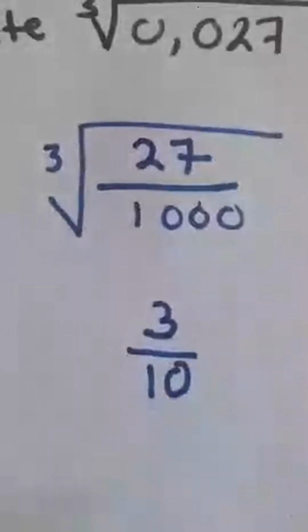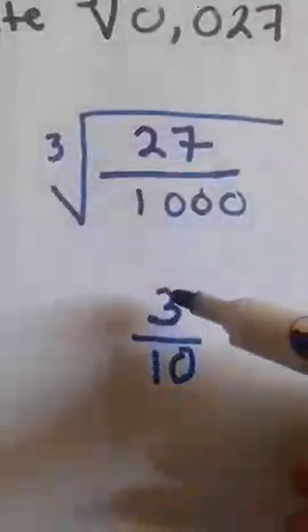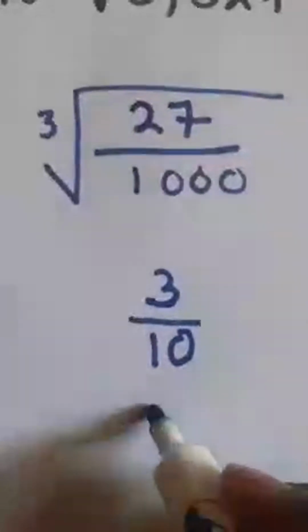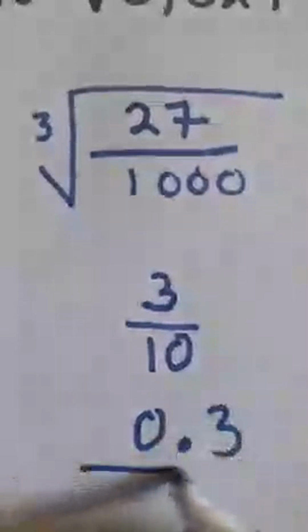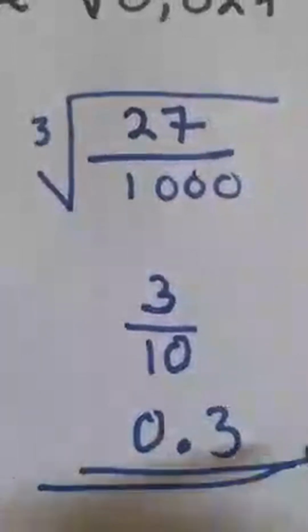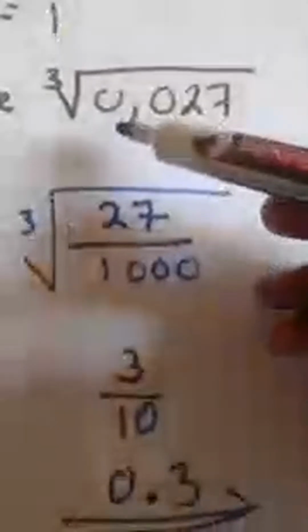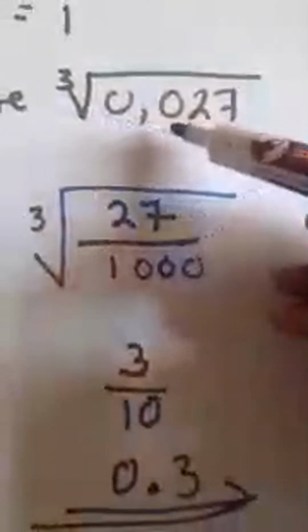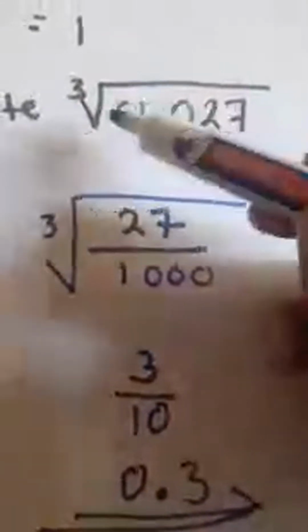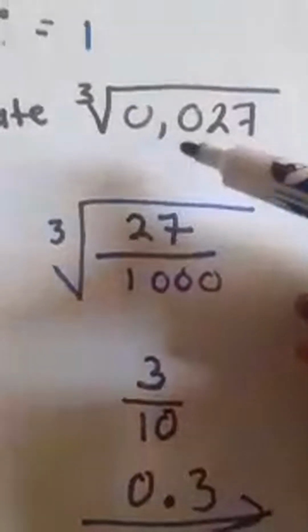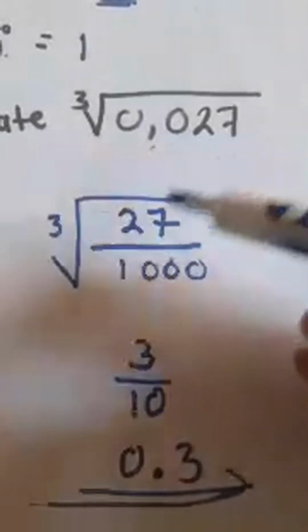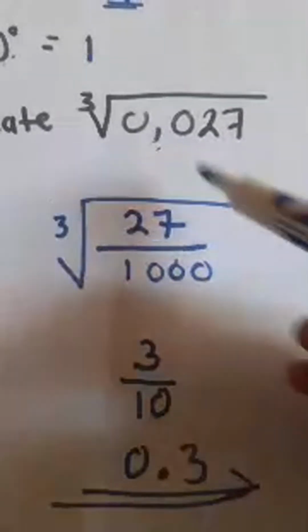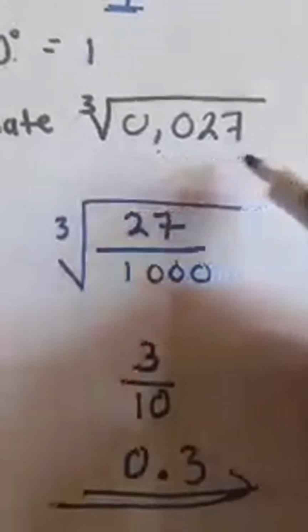So what are we going to do? 3 over 10 is the same as 0.3. The cube root of 0.027 is the same as 27 over how many digits after the comma?